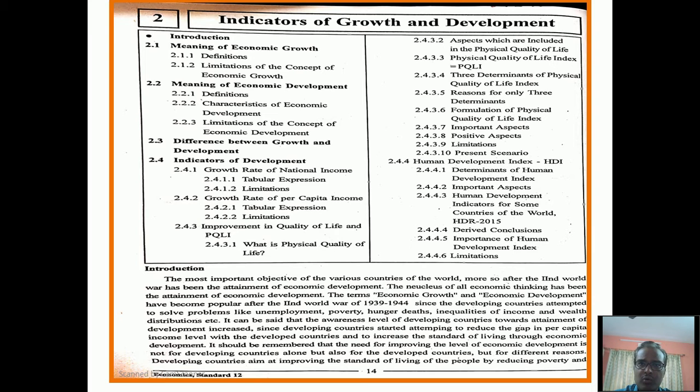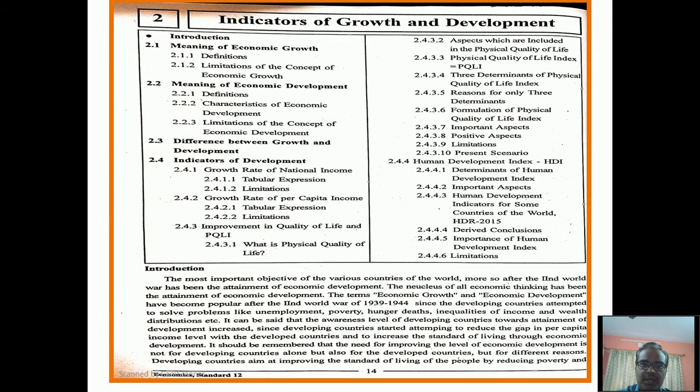The terms economic growth and development have become popular after the Second World War, since the developing countries attempt to solve problems like unemployment, poverty, hunger, death, inequalities of income and wealth distribution, etc. It can be said that the awareness level of developing countries towards attaining development increased since developing countries started attempting to reduce the gap of per capita income level with the developed countries, and to increase the standard of living through economic development.